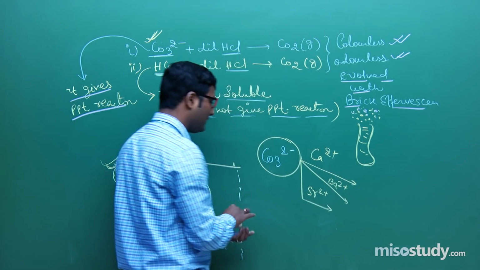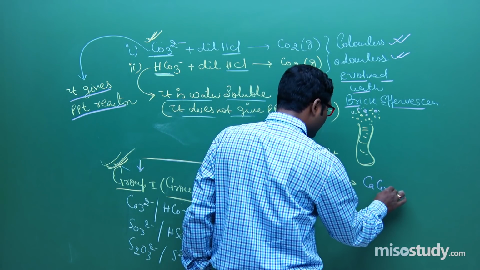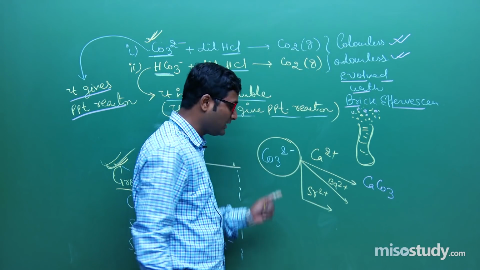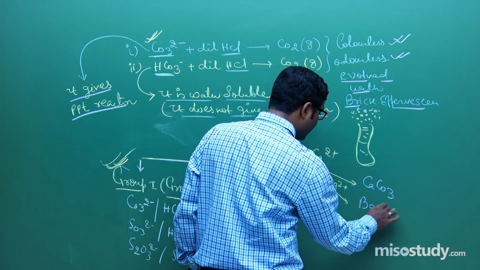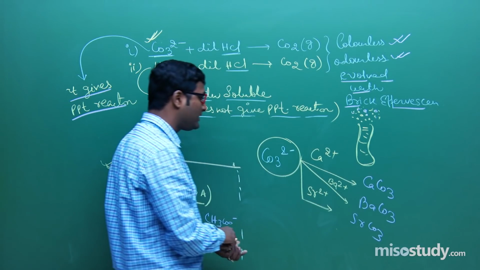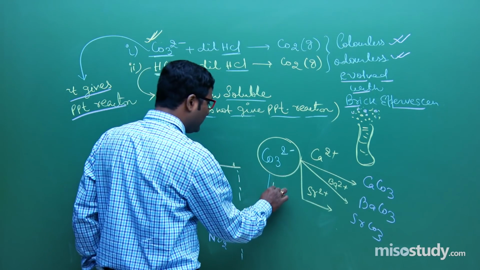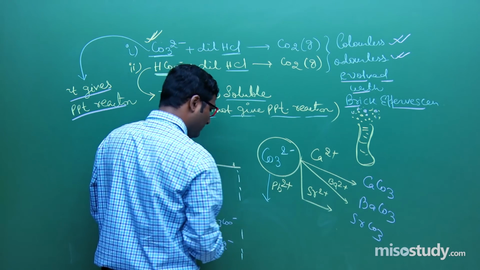Do you remember this? It forms white PPT, CaCO3, this is the precipitation reaction. It forms again white PPT, BaCO3, and SrCO3, again white PPT. Again, if treated with Pb2 plus, then what will happen? Tell me.